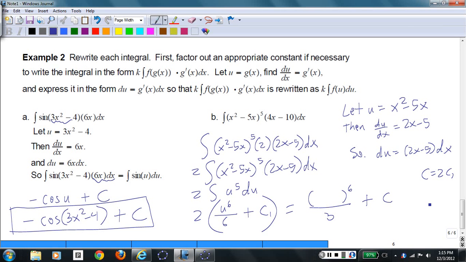What goes inside the parentheses? There we go. So final answer, since the original integrand had x's in it, the final answer should have x's in it. So x squared minus 5x quantity to the 6th power over 3 plus the constant of integration.